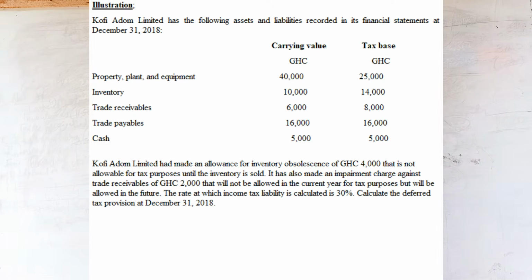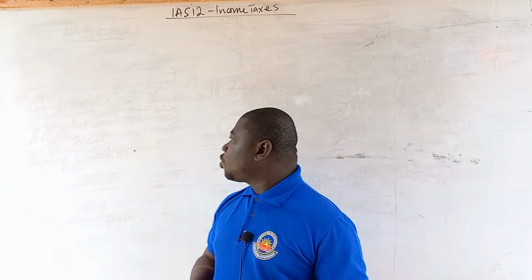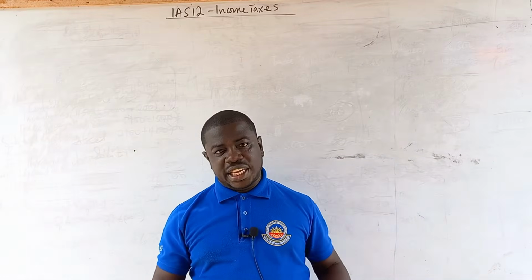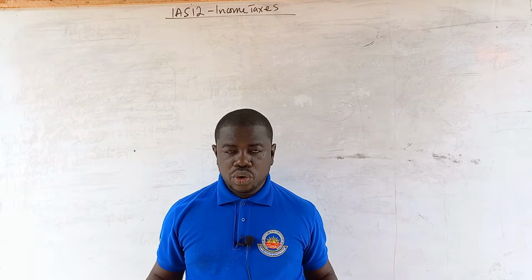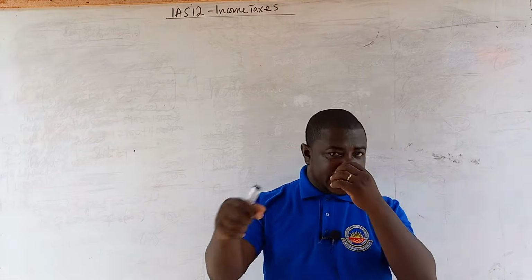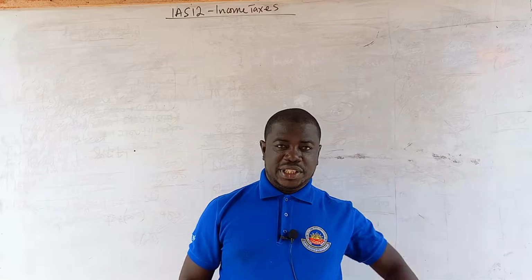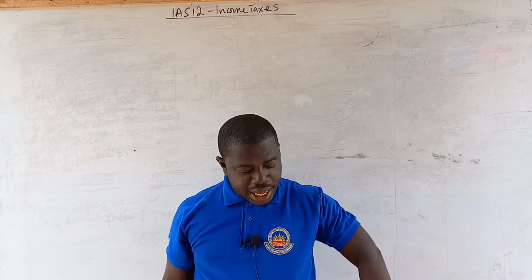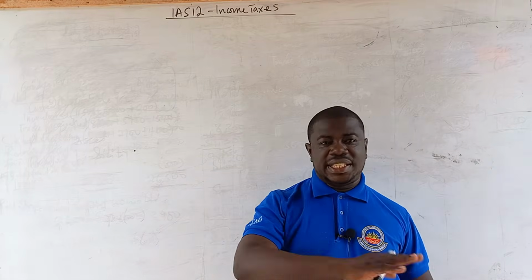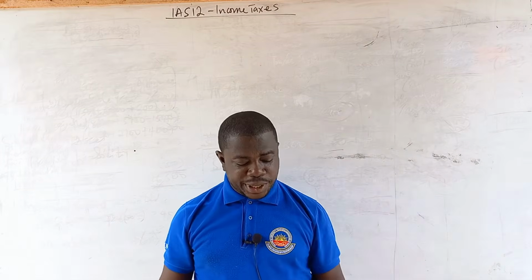So you see, this was not allowable for tax purposes. So what we are trying to say is that the reason why they have 10,000 as carrying value is that they have written off 4,000, but the revenue authority is saying no, we will not accept that. So they have included that 4,000 for tax purposes, and that is why the tax base is 14,000 and the inventory is 10,000. So that is nothing more to add. It's only explaining what you have.